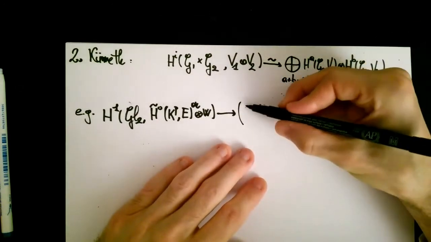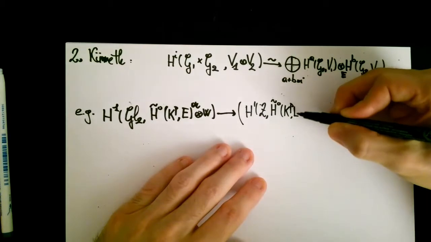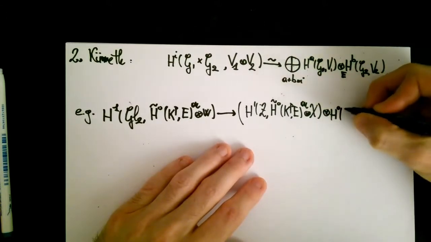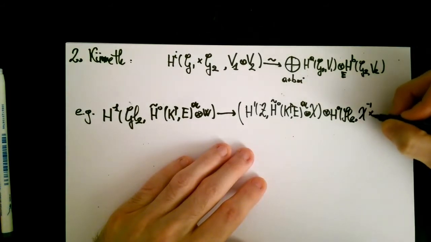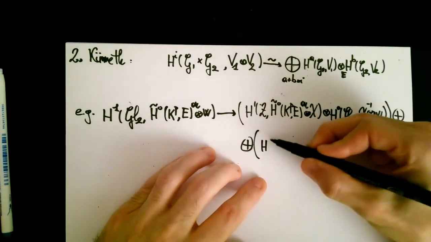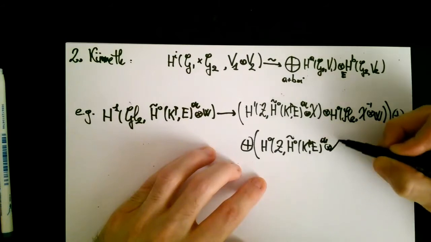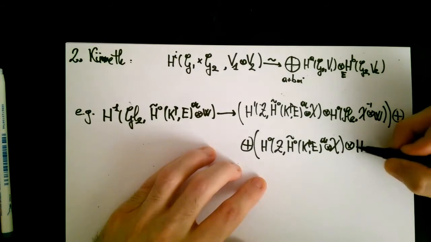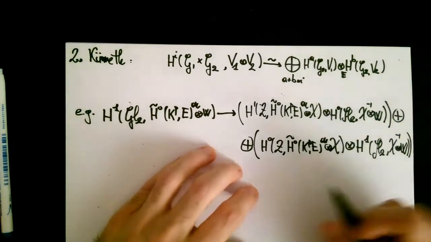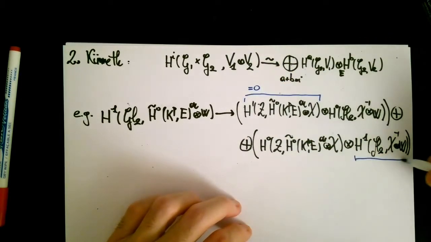First, H^1 of Z, H^0 of K^p, E analytic times chi, tensored with the H^0 of SL2, chi^{-1} times W. Direct sum H^0 of Z, H tilde 0, K^p, E analytic times chi, tensored with the H^1 of SL2, chi^{-1} times W. And now we have seen that this is 0 by the previous lemma, and this is 0 by the Whitehead lemma.